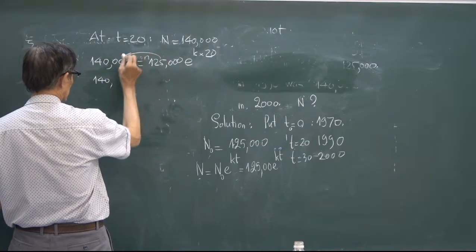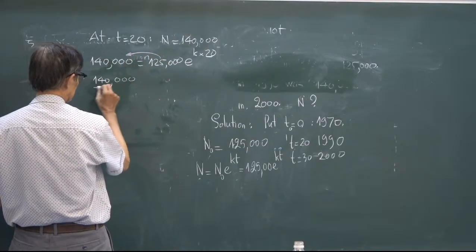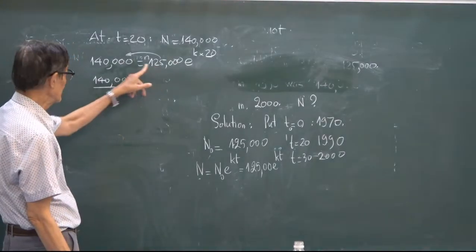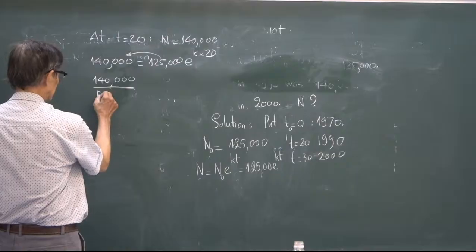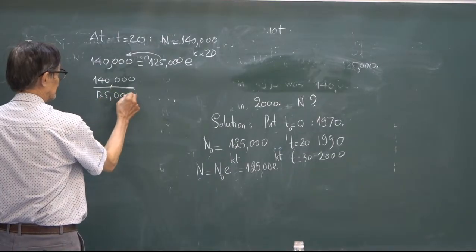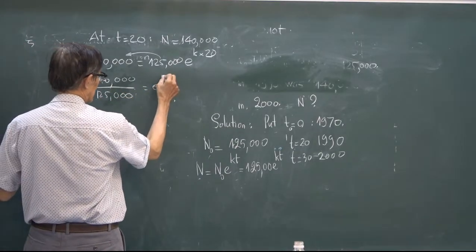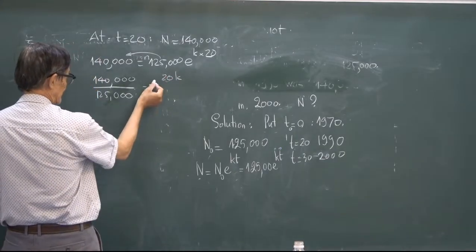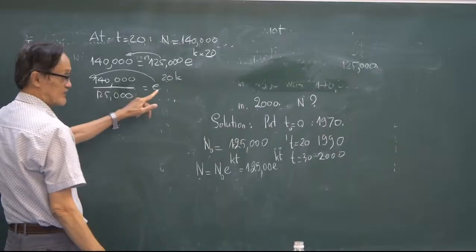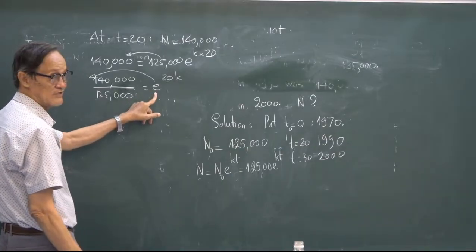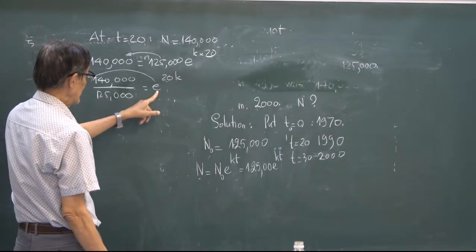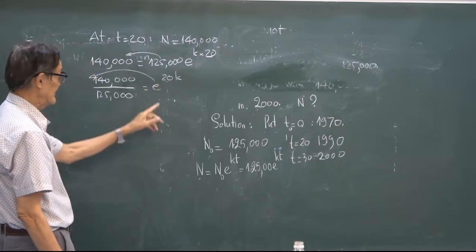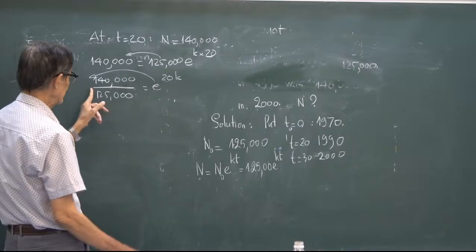Move to the left hand side, multiplication becomes division, e power 20k. And move the function exponential to the base e to the left hand side. It becomes its inverse function, natural log.